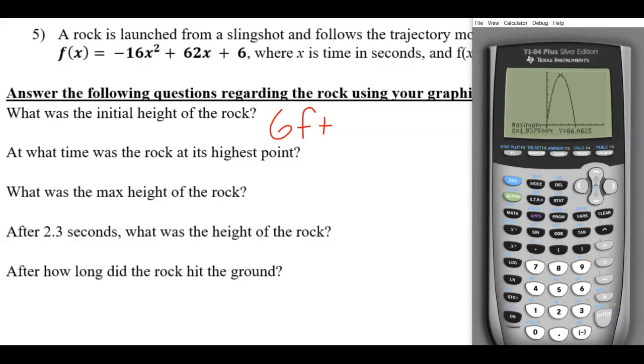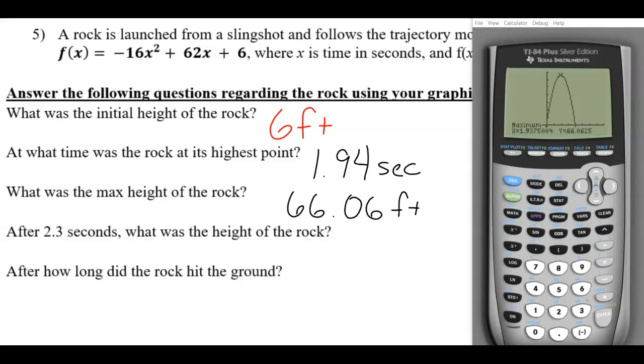So what is the answer to the question? Yeah, about 1.94 seconds, if we're going to the hundredth. It's only the x value of the vertex that answers that question. Time is the x. But then look at the next question. What was the max height? 66.06 feet. X is time, y is height.